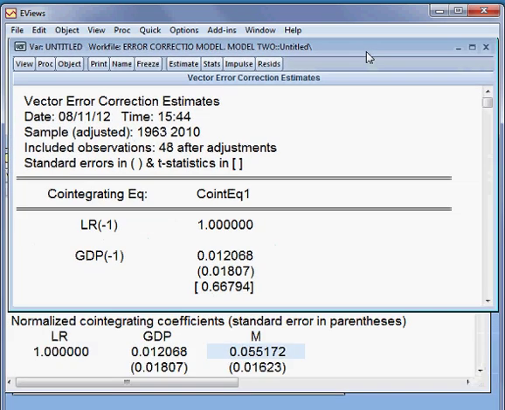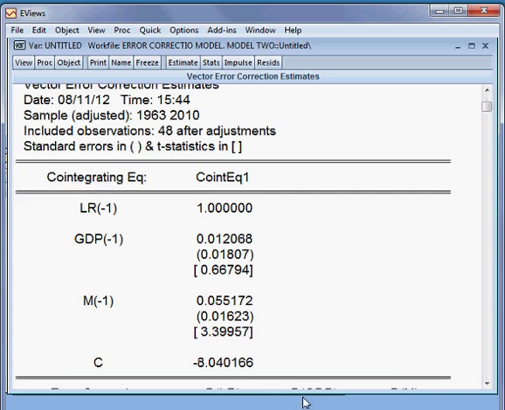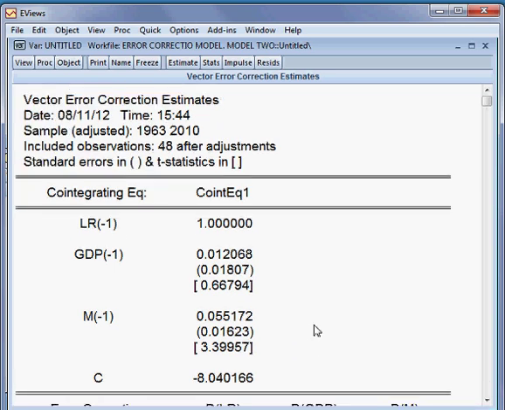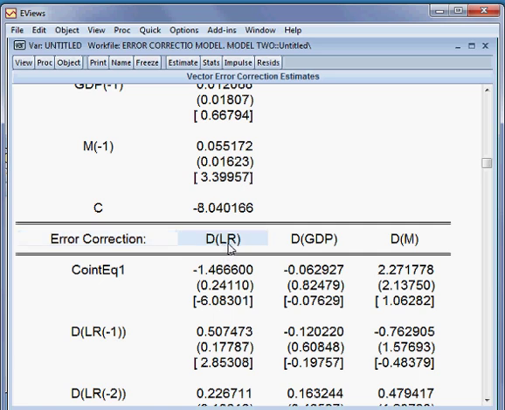The estimation has come up. You can see the result of the vector error correction model. This is the co-integrated model, right? This is LR, and this is the error correction model. So that is the dependent variable. And here what is happening, the variables have automatically converted to first difference.